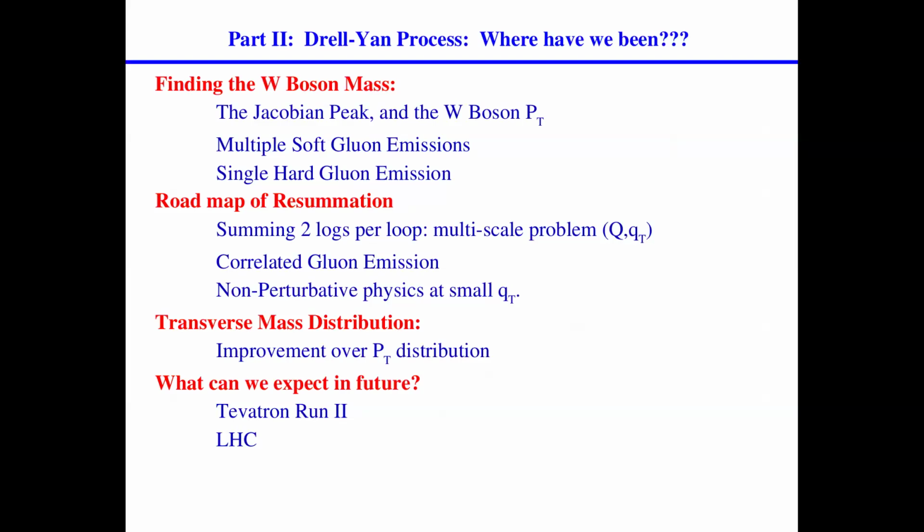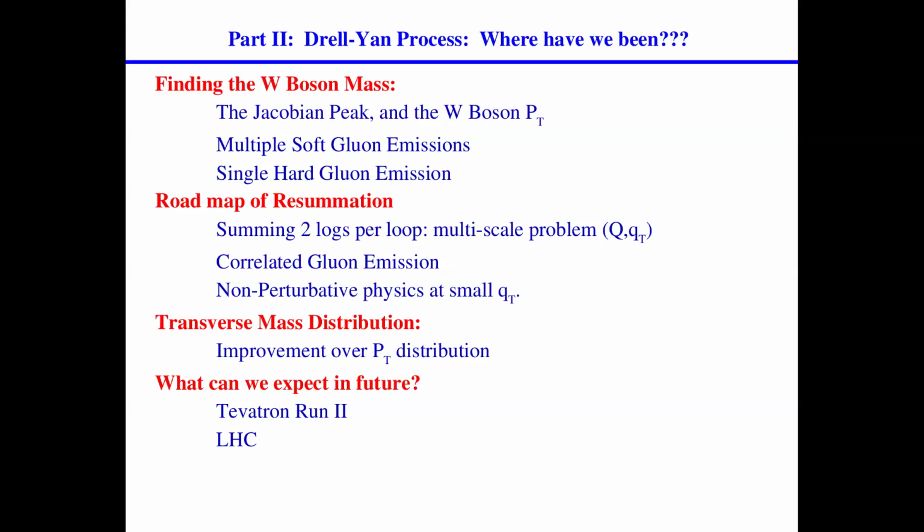So where we've been: the W boson mass is important, and the Jacobian peak is a nice approach, but you have to worry about the soft gluon emissions. And then we did a roadmap of resummation, a high-level tour. There's much more to get into, but hopefully that gives you an overview of some of the techniques for dealing with multi-scale problems.